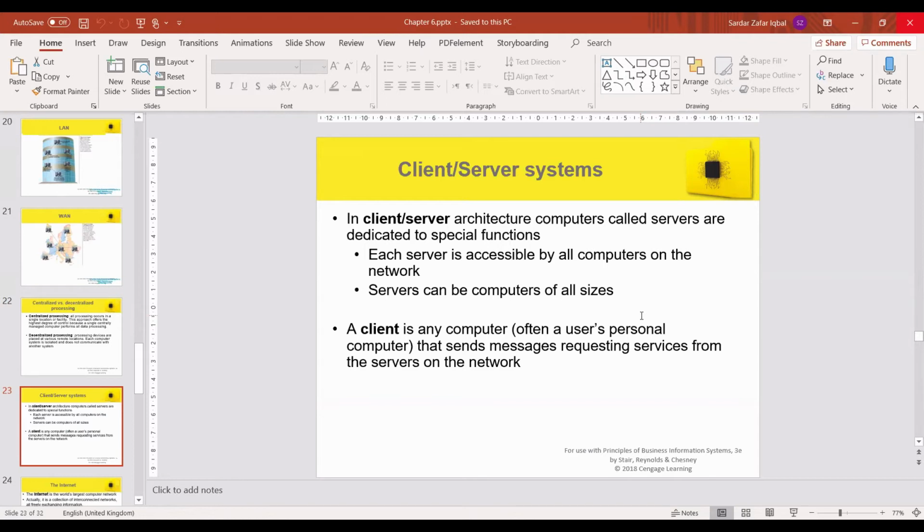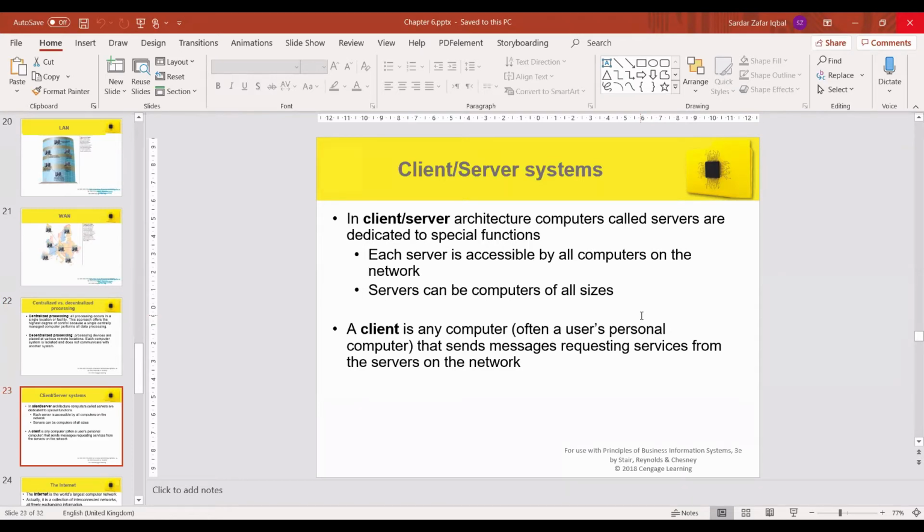The server will read this request, find the related answer and send you the answer. The website will be open on your computer. So this architecture is called client server architecture, where the client can make a request and the server can provide the service to the client.